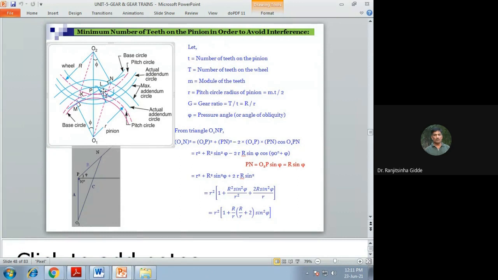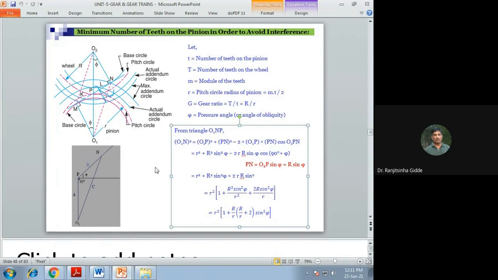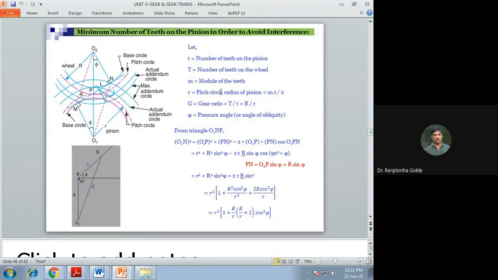So here intersection point K and here L. This M and N, maximum limits or the points of tangency. Okay, so here P, what is the title? Minimum number of teeth on pinion in order to avoid the interference. So we need to define during the design.